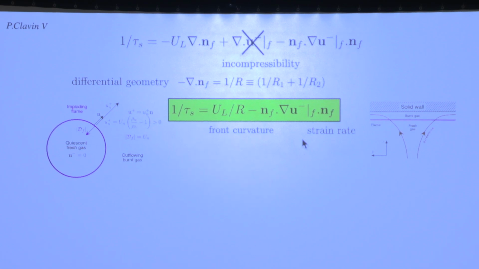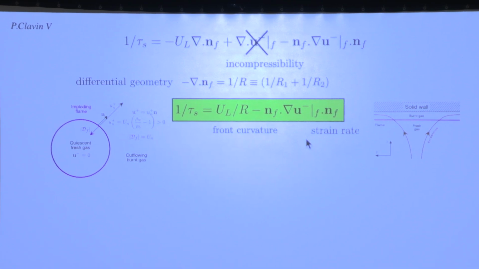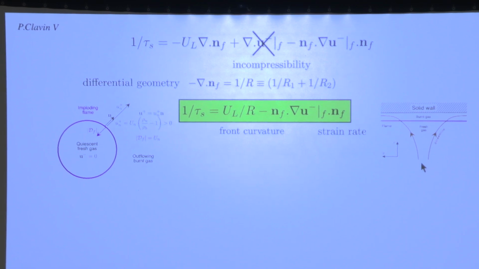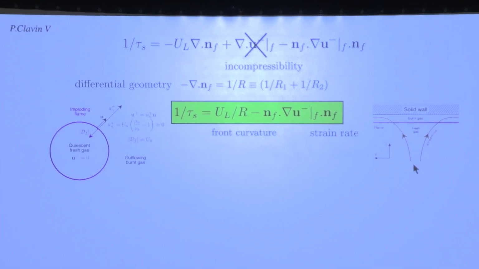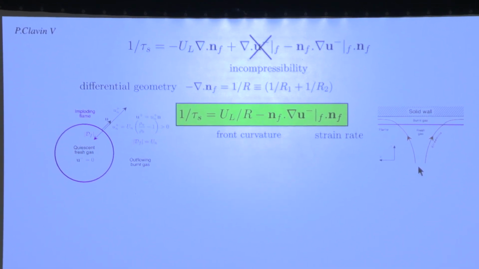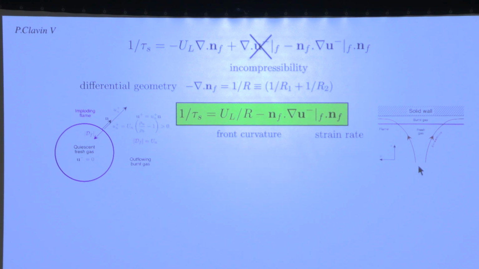One interesting limit is when you have a flow impinging on a surface. Let's say a flame impinging on the surface. Now, to first approximation, the flame is planar. So this term is 0, radius infinity. So you are left with a strain rate.